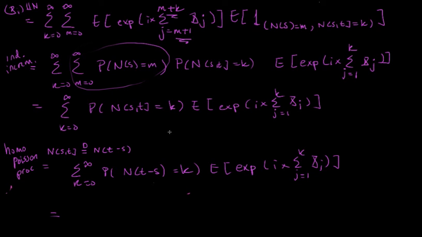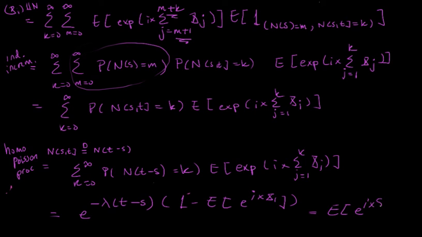But we can just finish it off anyways and conclude in exactly the same way as in the earlier case that this is equal to e to the minus lambda (t minus s) multiplied by 1 minus the mean of e to the i u X1, as such. And in conclusion, this is equal to the characteristic function of e to the i u S(s).